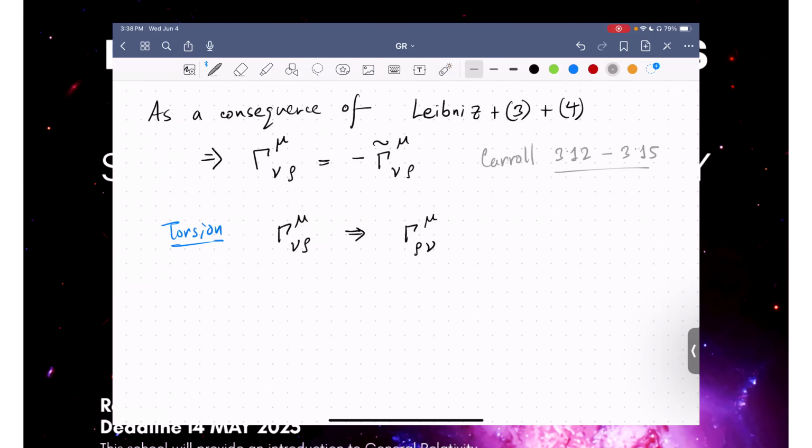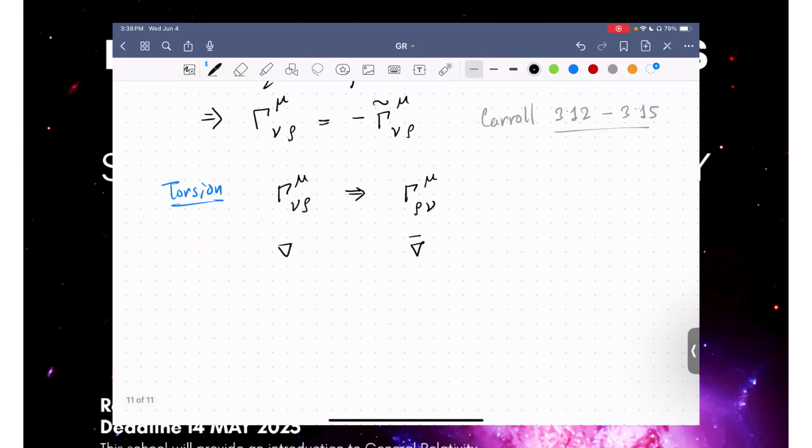So let's say this Christoffel symbol defines a covariant derivative delta, and this defines another covariant derivative. Let me call it delta bar. So what I mean here is, this being a Christoffel symbol implies this is also a Christoffel symbol. Okay.